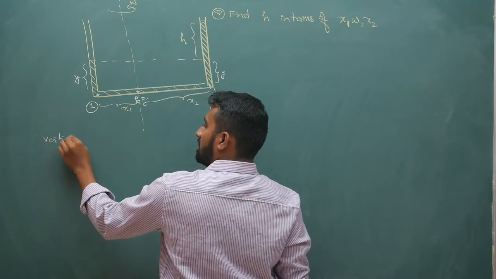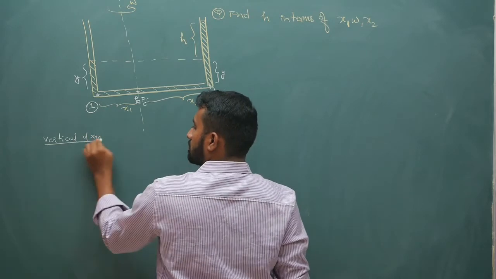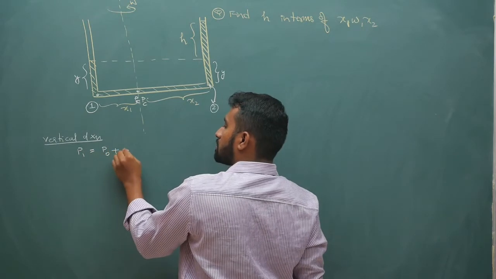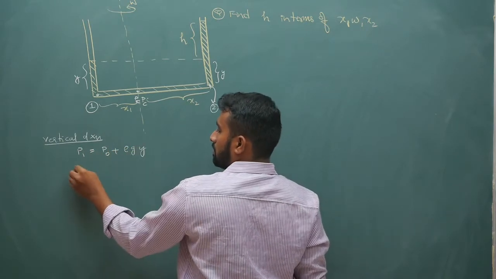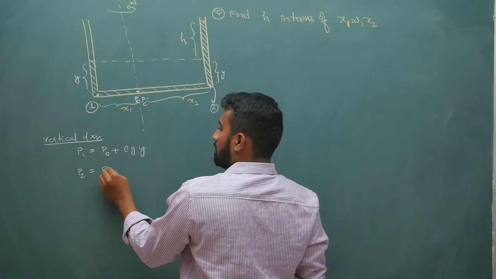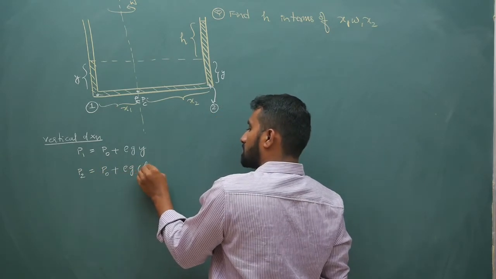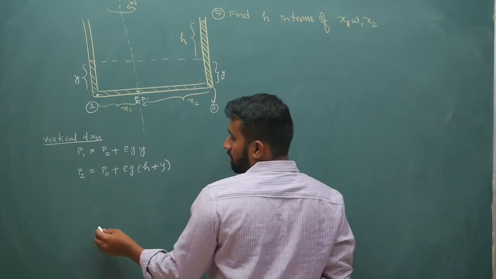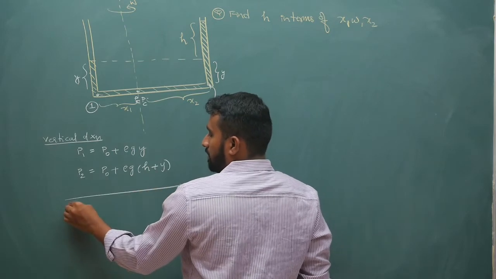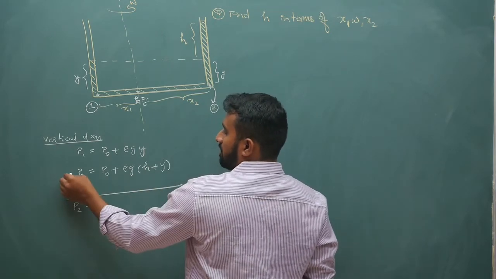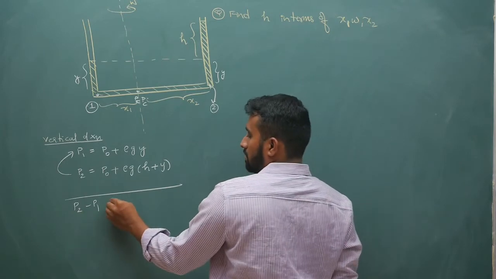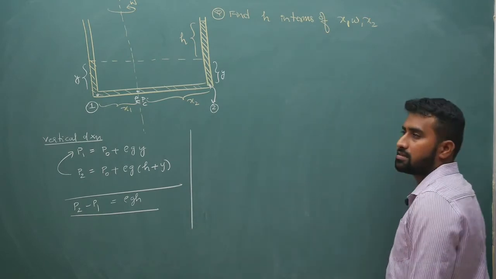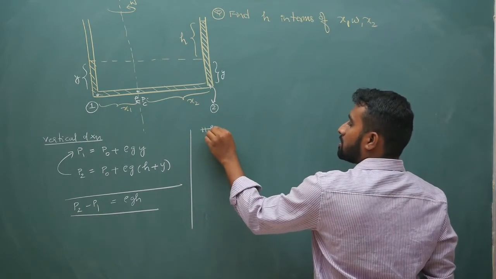In the vertical direction, P1 is P0 plus rho g y, P2 is P0 plus rho g times (h plus y). Pressure P is equal to P0 plus rho g h, the formula I am applying. So P2 minus P1, subtracting these equations, gives me rho g h in the vertical direction.